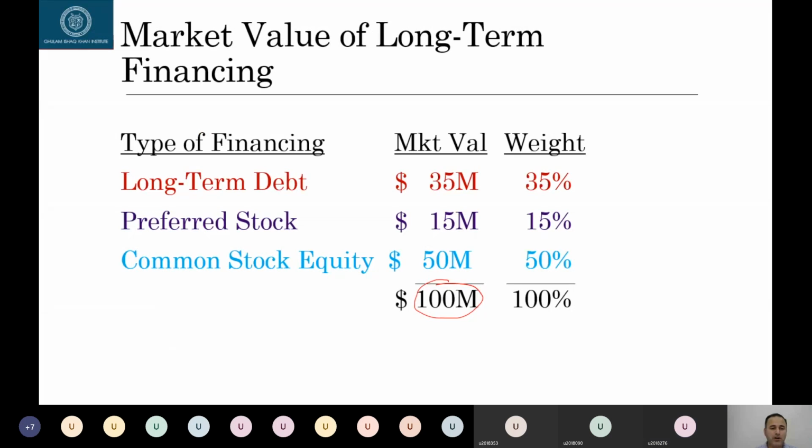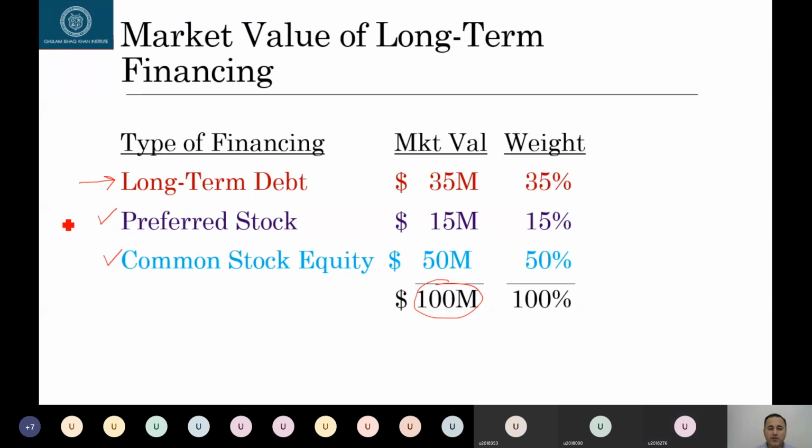Now, if you remember in my last lecture, and if you saw that video, we covered the cost of debt. In my last lecture, I taught you how to calculate the cost of debt. Now, in today's lecture, we will cover how to calculate the cost of preferred stock and the cost of common stock equity.